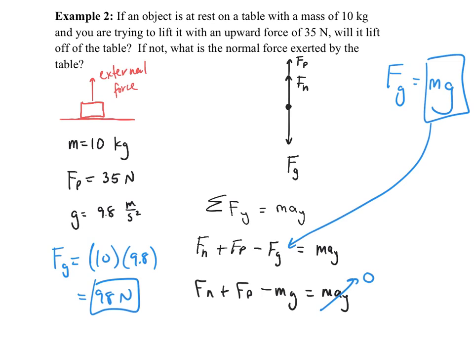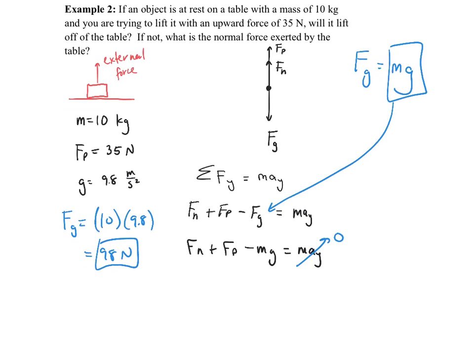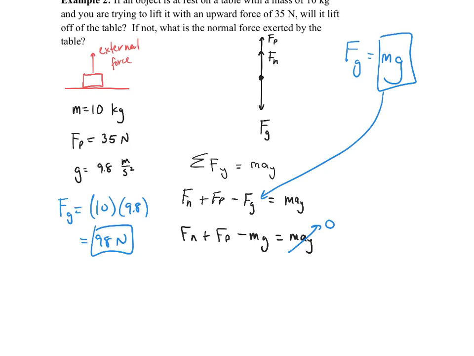So if it did lift off the table, this would not be 0, and we would have to calculate acceleration. But if it doesn't lift off the table, then it is 0, and now we have to calculate the normal force. So let's solve for Fn. Fn will equal, I'm going to add mg over, I'm going to subtract Fp over. That'll be mg minus Fp.